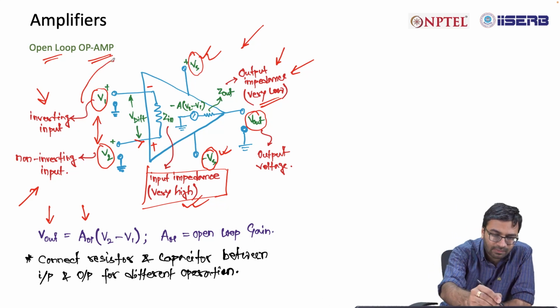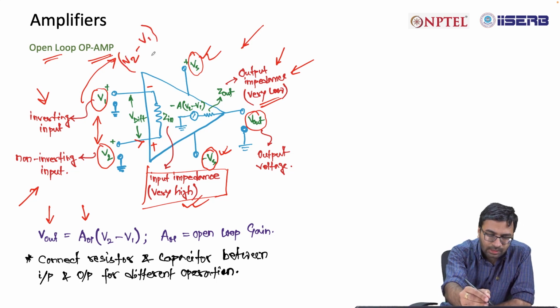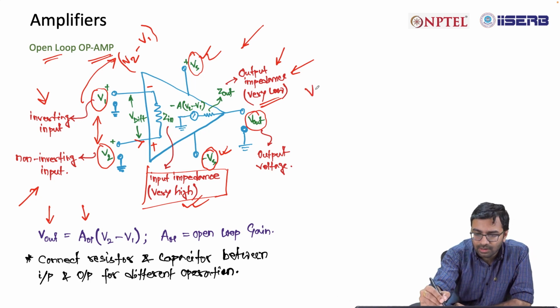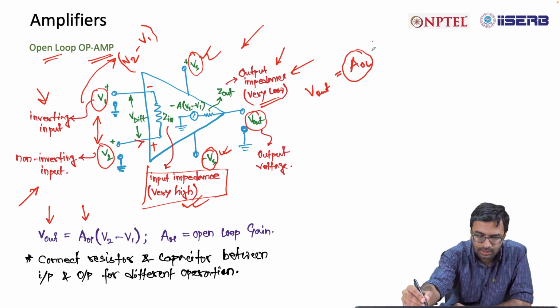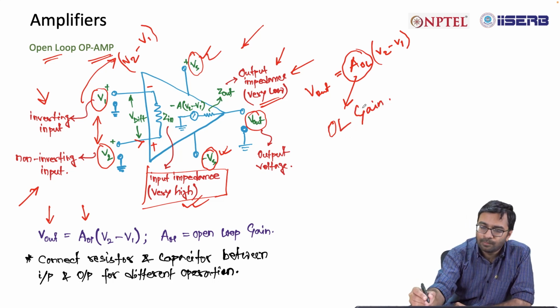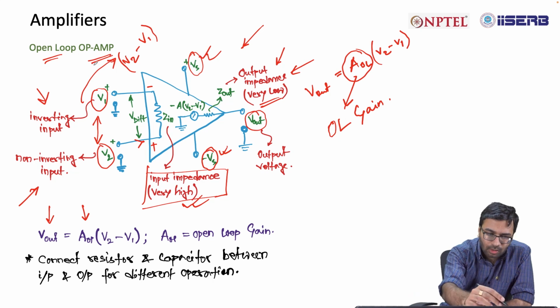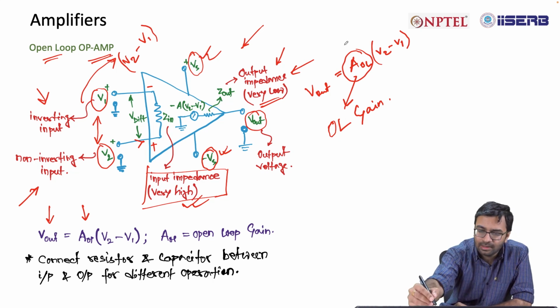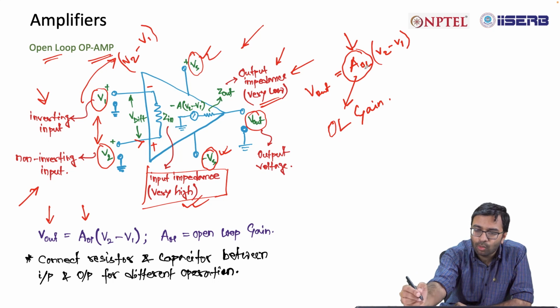In this case the difference in the input voltage is V2 minus V1, considering V2 is higher than V1, and then the output voltage V out is equal to A open loop, which is a constant, times V2 minus V1. This particular term is known as open loop gain. So this operational amplifier has a gain, open loop gain, which is equal to AOL.